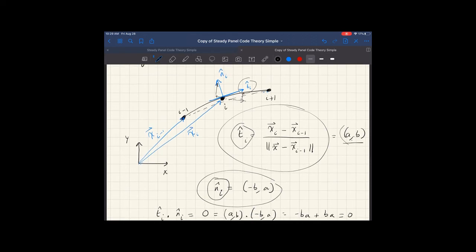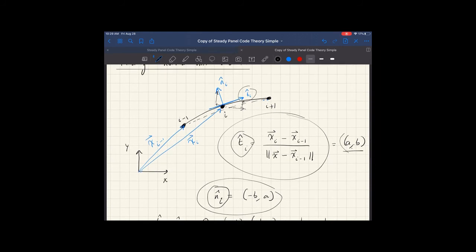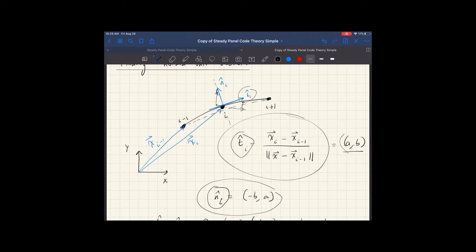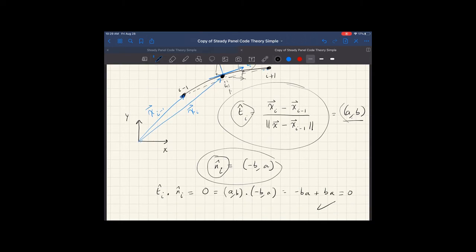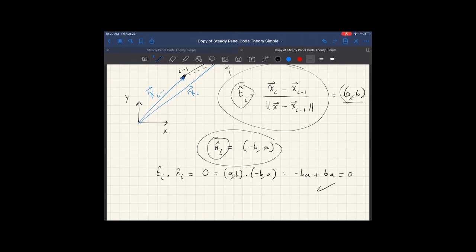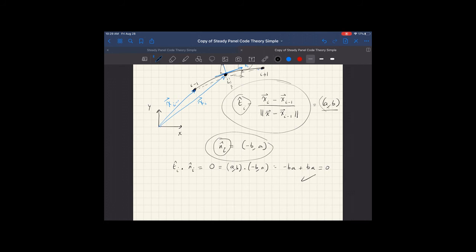So not only do we have the vector pointing in the right axis, but it's also pointing in the right direction and not pointing the other direction. But anyway, this is the formula for the normal unit vector based on the tangential unit vector.